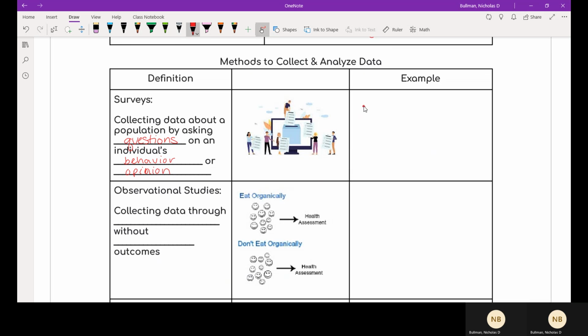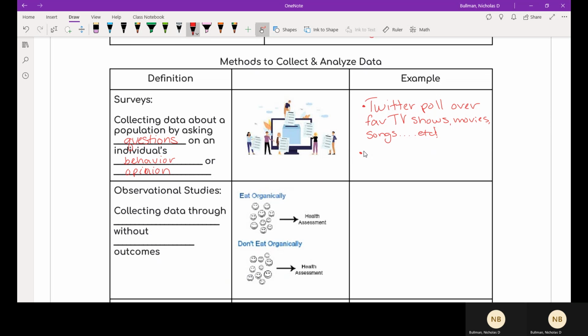An example could be a Twitter poll over favorite TV shows, movies, songs. I think you get the point. It could be even smaller scale.